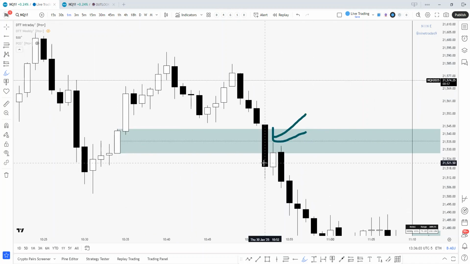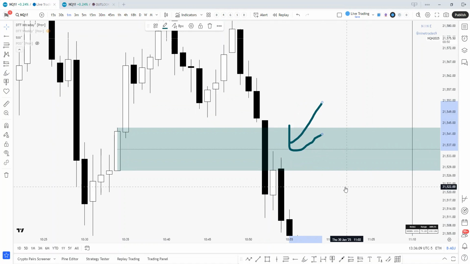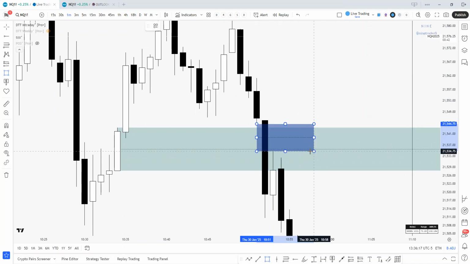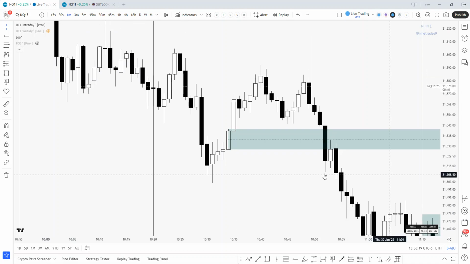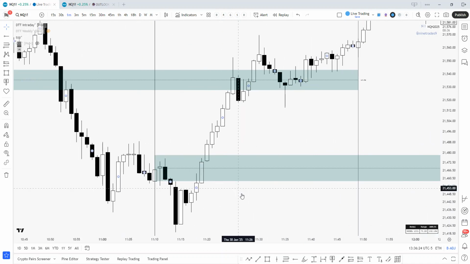So once it closes beneath, I'm going to observe equilibrium. If it doesn't really stab into it, as we can see here, then I take that as a rejection point, and I look for price to not really even tap this fair value gap. I'm going to look to see if it can just completely break down, tap the sell side, and perhaps even go lower. Same idea here.